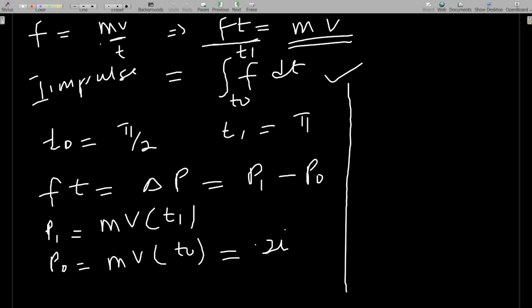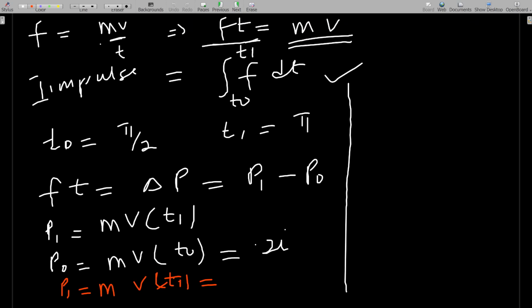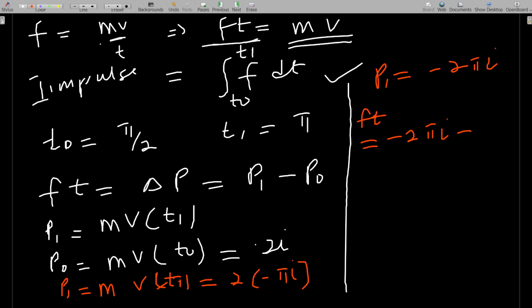So you go back to what we are doing and realize that p1 will be equal to m times v of t1, and we said v of t1 is minus pi I. Mass is 2, so 2 times minus pi I gives p1 equal to minus 2 pi I. So our impulse, which is the Ft, will be equal to the difference of these: minus 2 pi I minus p0, which is 2I.